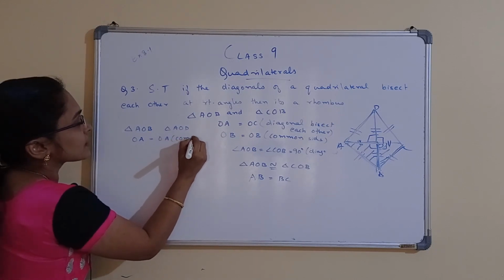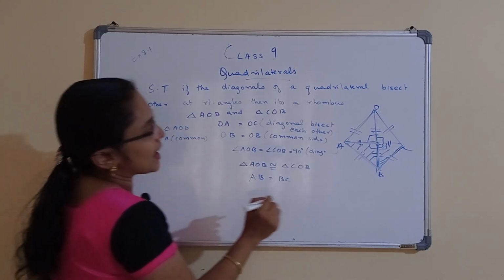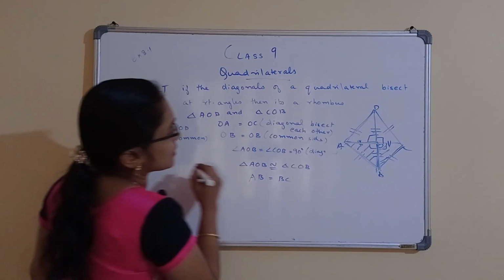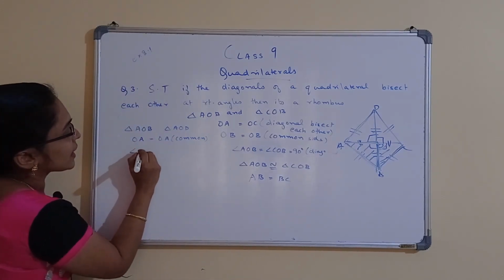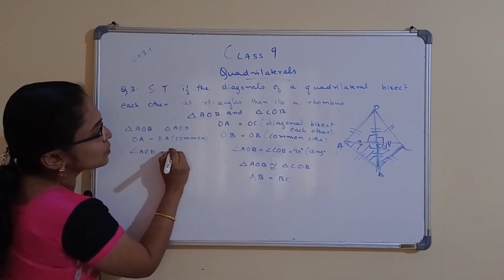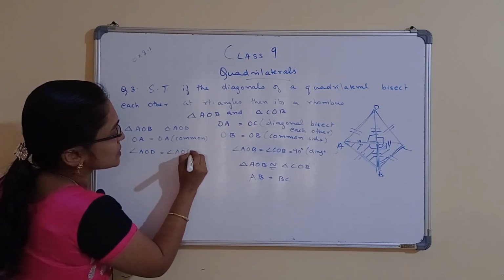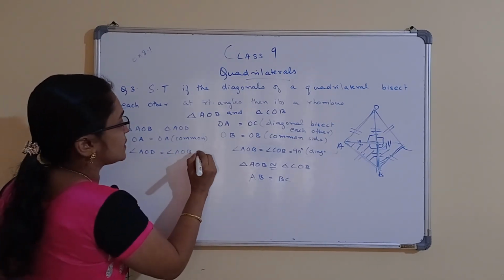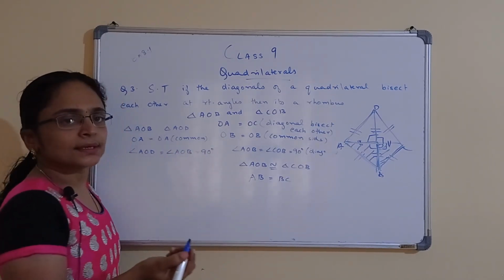And angle AOD is equal to angle AOB because the diagonals bisect each other at right angles. You can write 90 degrees also.